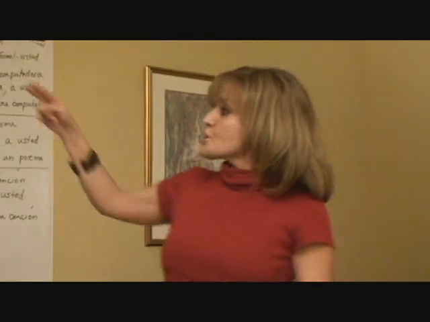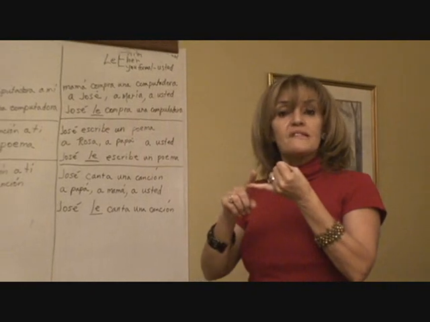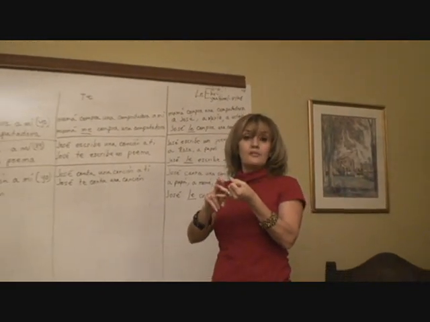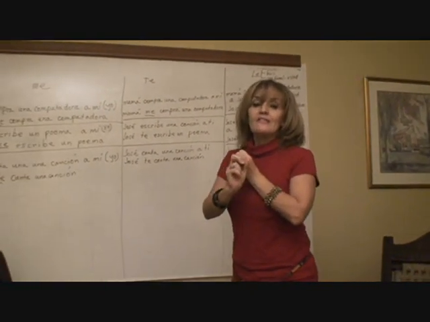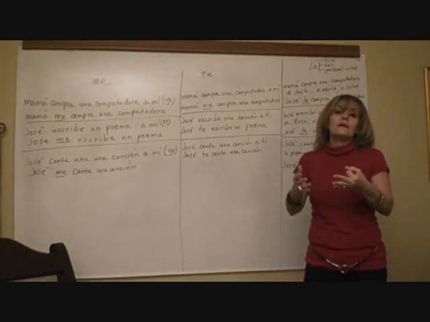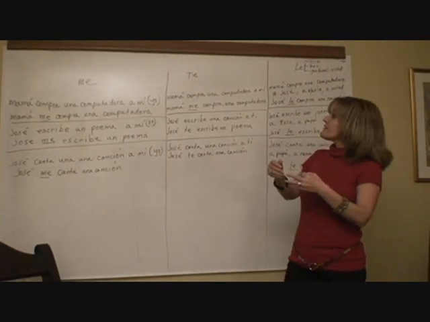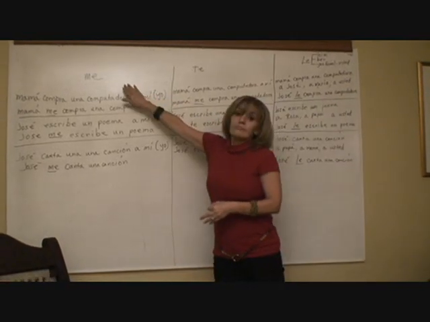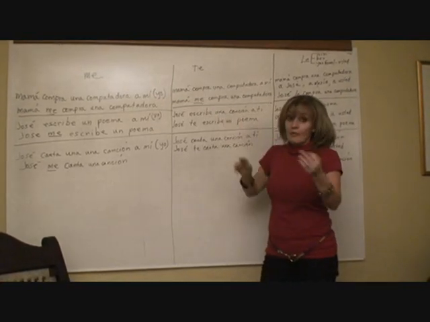First, we're going to do the singular forms in Spanish. And thank heavens, the first person singular and the second person singular in Spanish are the same as the direct object pronouns. Me and te. Remember that?